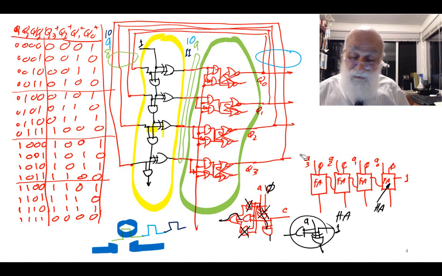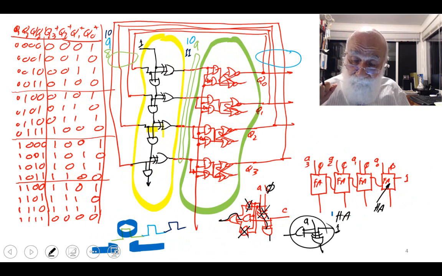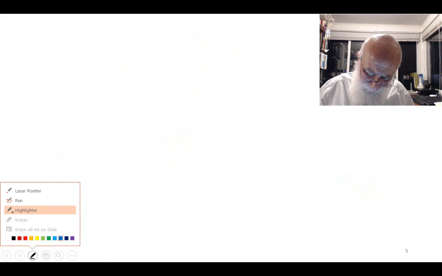How can I resolve this situation? Remember, I have the transparency problem. How can I resolve this situation? Well, let's look at another situation where we have transparency, which causes a problem.